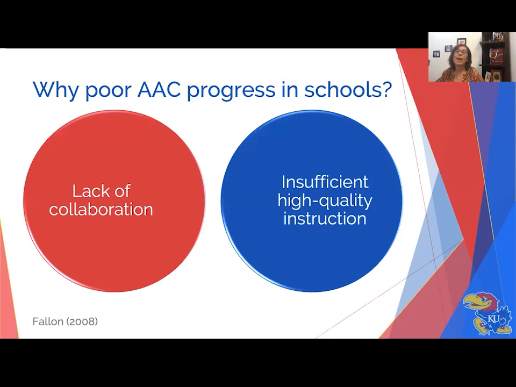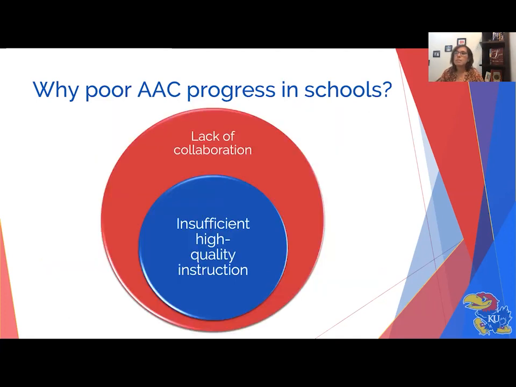So Fallon described two primary reasons for poor progress in AAC in schools, and that's lack of collaboration and insufficient high quality instruction and practice. But these two factors are probably related.